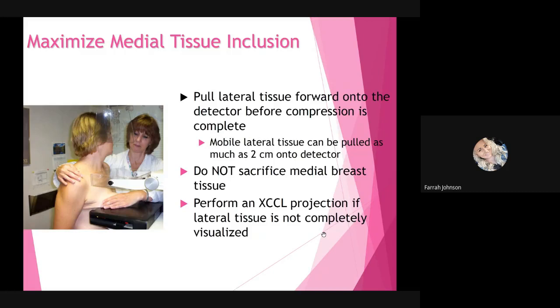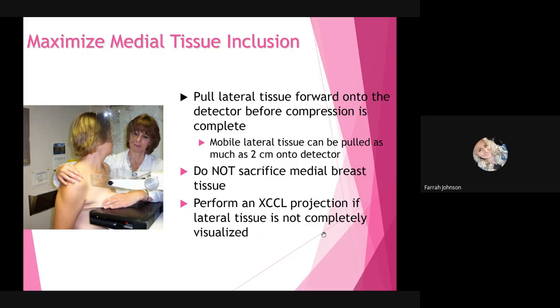To maximize medial tissue inclusion, you want to pull the lateral tissue forward onto the detector before compression is complete. That mobile lateral tissue can be pulled in as much as 2 centimeters onto the detector. However, you do not want to sacrifice your medial breast tissue, as that is the whole purpose of the CC, to include that medial breast tissue.